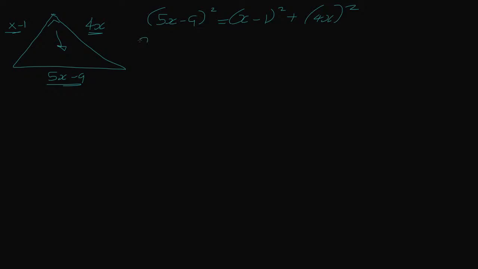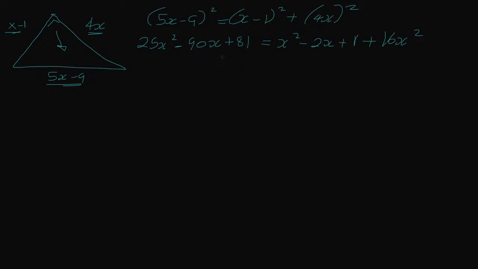So we'd work through that, so we'd have 25x squared minus 90x plus 81, because 9 squared is 81, that is equal to x squared minus 2x plus 1 plus 16x squared.